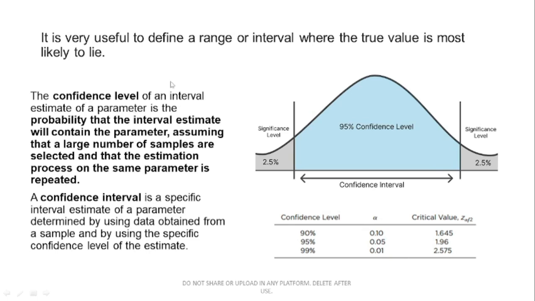So, the confidence level of an interval estimate of a parameter is the probability that the interval estimate will contain the parameter, assuming that a large number of samples are selected and the estimation process on the same parameter is repeated. So, kapag sinabi natin confidence level, it is a way of expressing how sure or gaano ka-certain dun sa statement or conclusion mo.